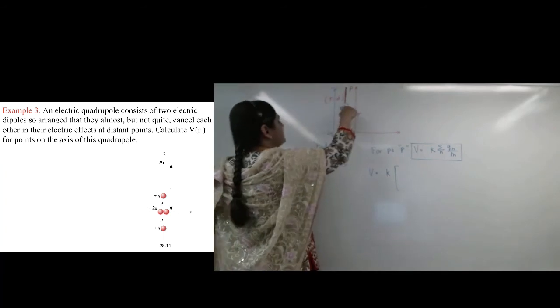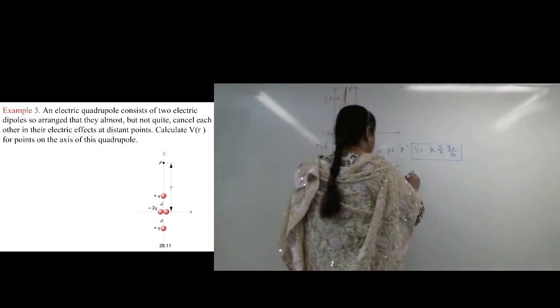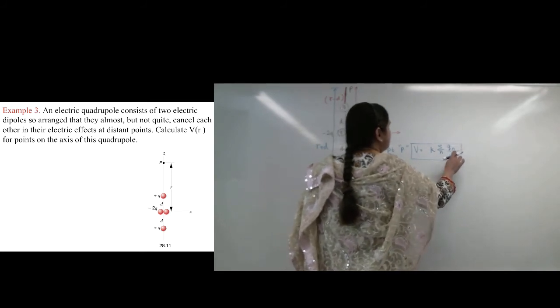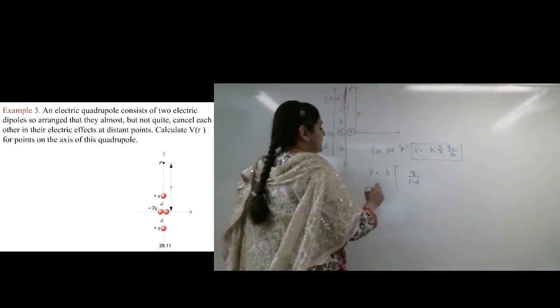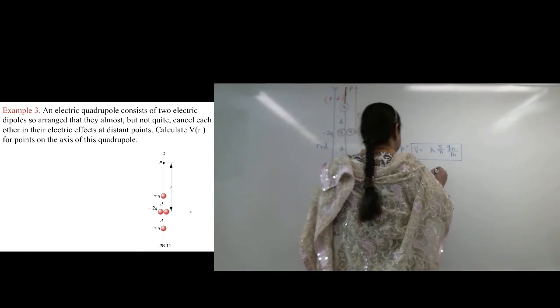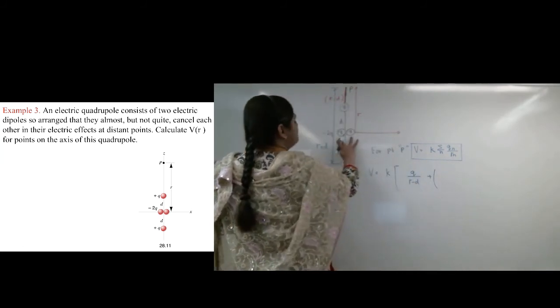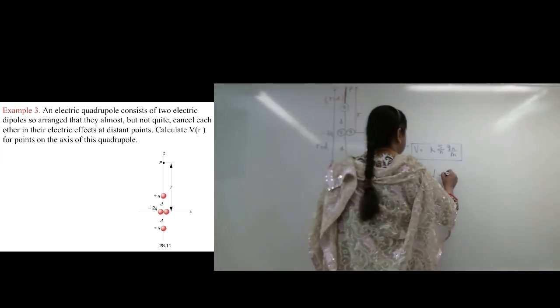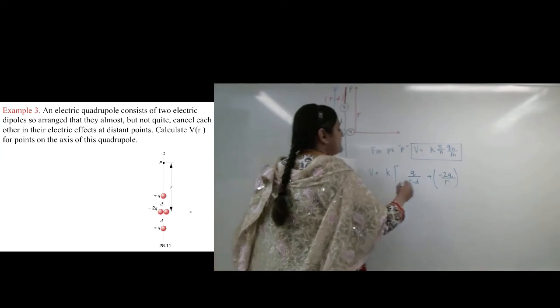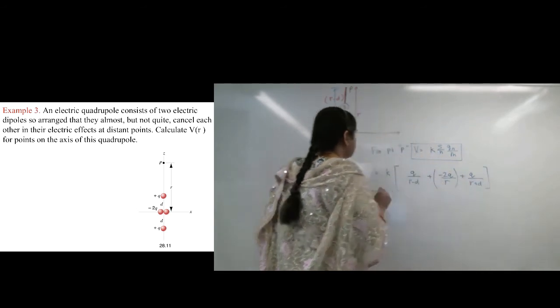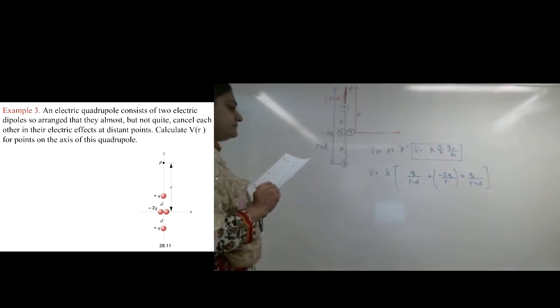I'm going to start with Q at the top: Q over r minus d, right? That will give me my first, Q1 and r1. Plus, this is going to be my second one: minus 2Q divided by r. And my third one is going to be Q divided by r plus d. And that is going to be my superposition.